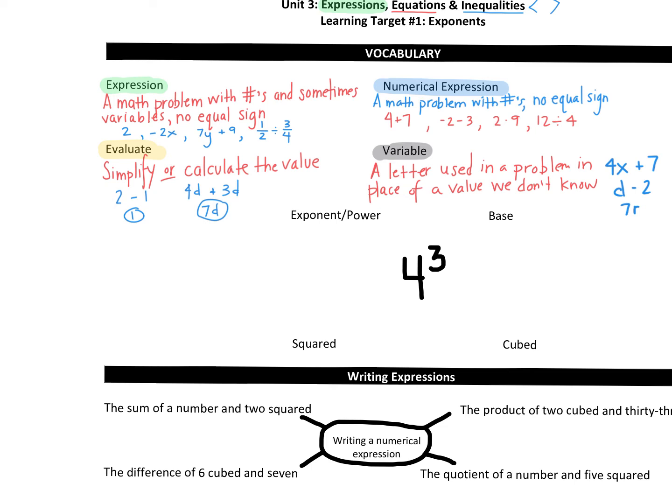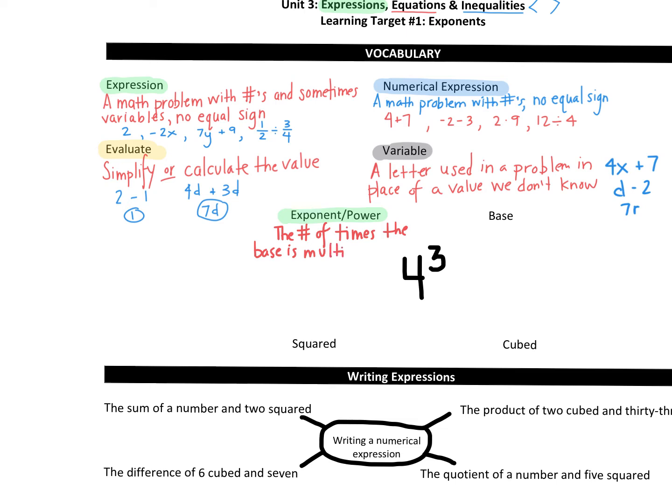So when you see, oops, let me highlight. When you see the word exponent or power, sometimes you'll see that, okay? It's really the number of times the base, and you'll learn what that is right now, is multiplied.